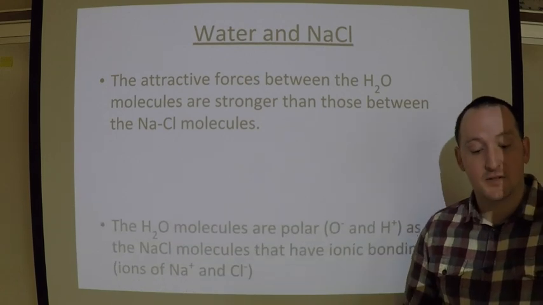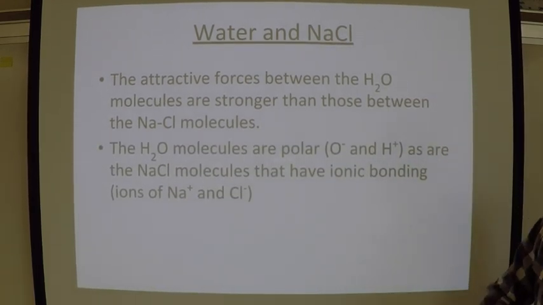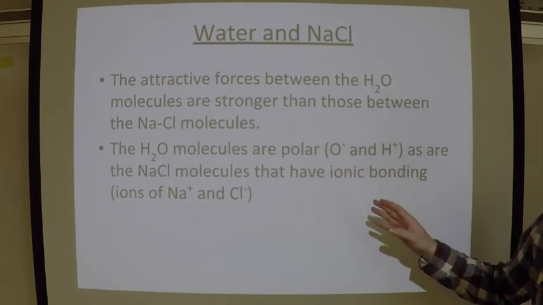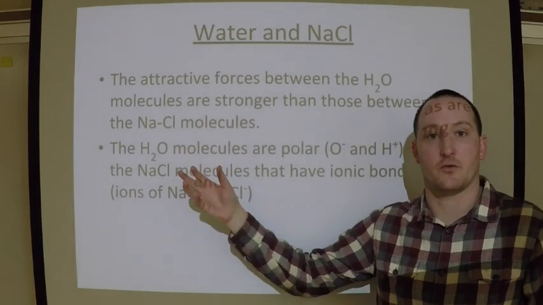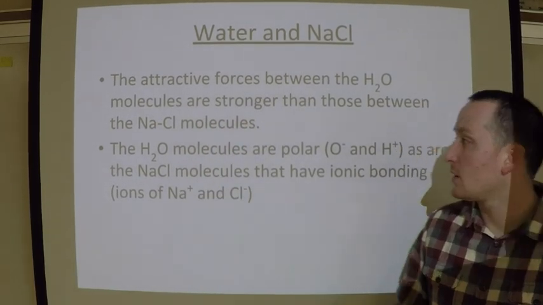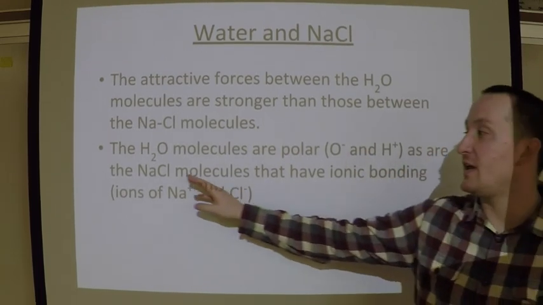So now here's the explanation of why NaCl does dissolve in water. The attractive forces between H2O molecules are stronger than those between the NaCl ions in the crystal. The H2O molecules are polar, as are the NaCl molecules.